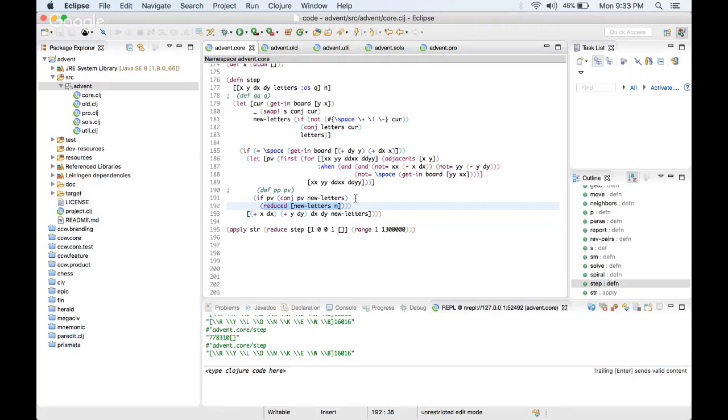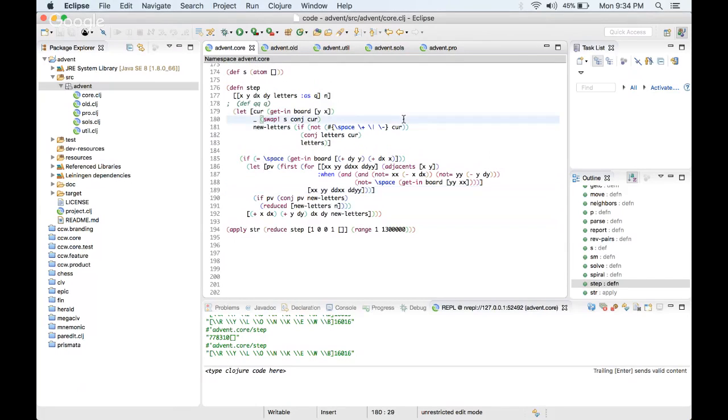I actually like this idiom for solving these problems, because you're in a situation where you want to keep going until something happens, and the part of the program that knows whether you've reached your terminating condition is usually pretty deep inside this step function.